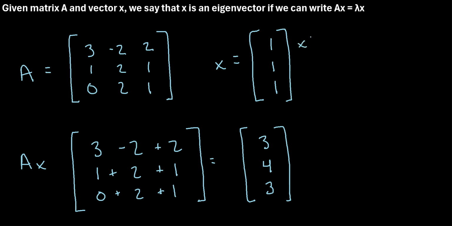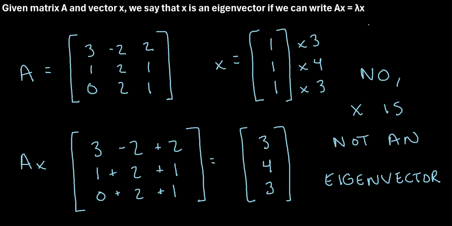We would have to multiply by 3. To go from 1 to 4, we would have to multiply by 4. And to go from 1 to 3, we would have to multiply by 3. So since these values are not all the same, it means that there is not some lambda value that exists that we could multiply x by to get this resulting vector. So we would say that no, x is not an eigenvector.